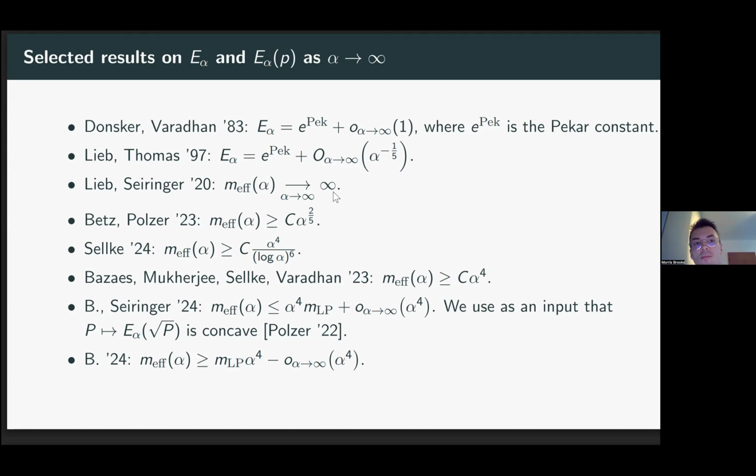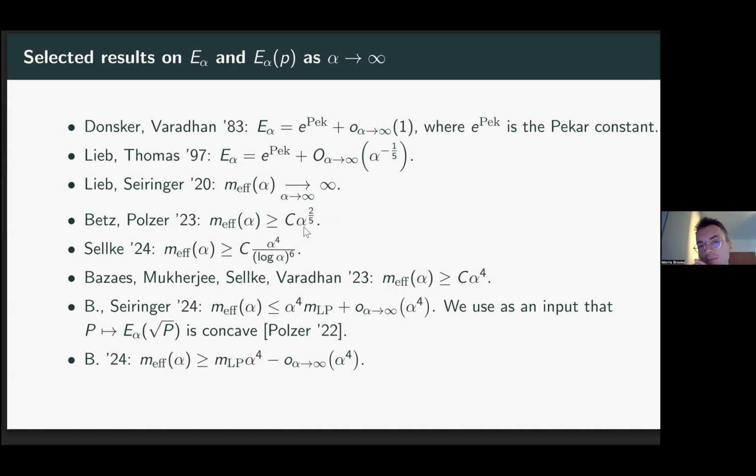And now, not much later, this result was improved by Betz and Polzer. Lieb-Seiringer was again functional analytic methods. Now we go to Betz-Polzer, and there we go back to functional integration. They were improving this result, showing that it actually diverges with alpha to the power 2 over 5. Now, similar to this result from Lieb and Thomas, there should be nothing physical or meaningful about 2 over 5.